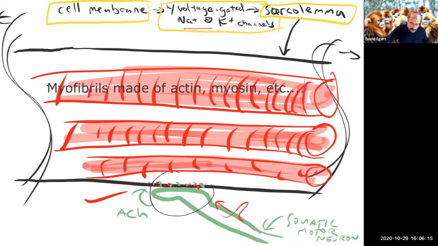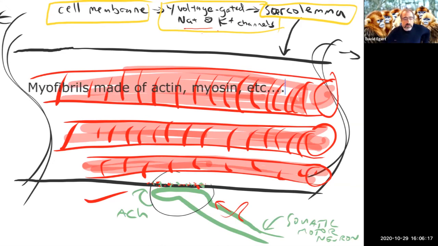So the myofibrils, which we're going to look at in more detail, the famous actin and myosin, as well as other ones we're going to talk about, the tropomyosin and troponin and titin and stuff like that. But the myofibrils are the things that actually are going to generate the force, the interactions of the contractile proteins within the myofibrils.